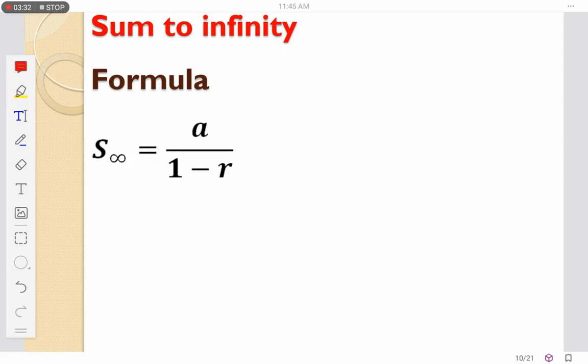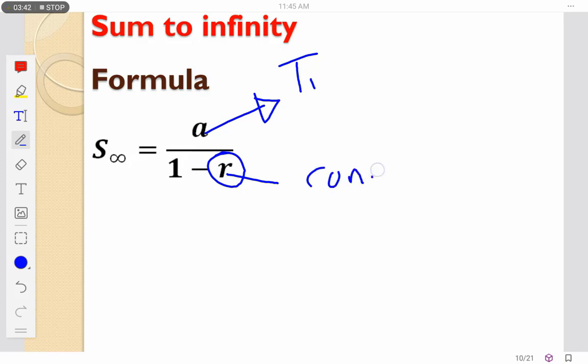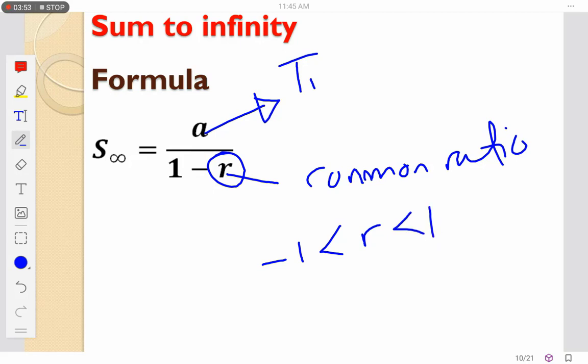Our A is our first term, T1, and our R is our common ratio, which I said should be between -1 and 1. Then our S with this sign there, this is the sign of infinity. So this is the formula that we use.